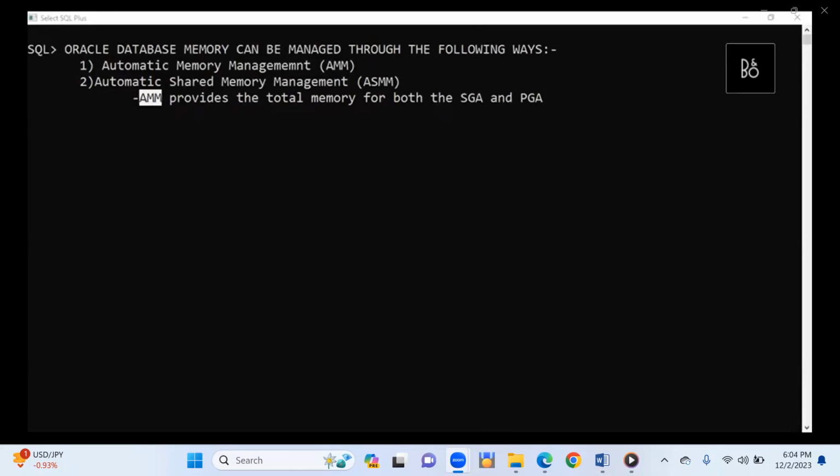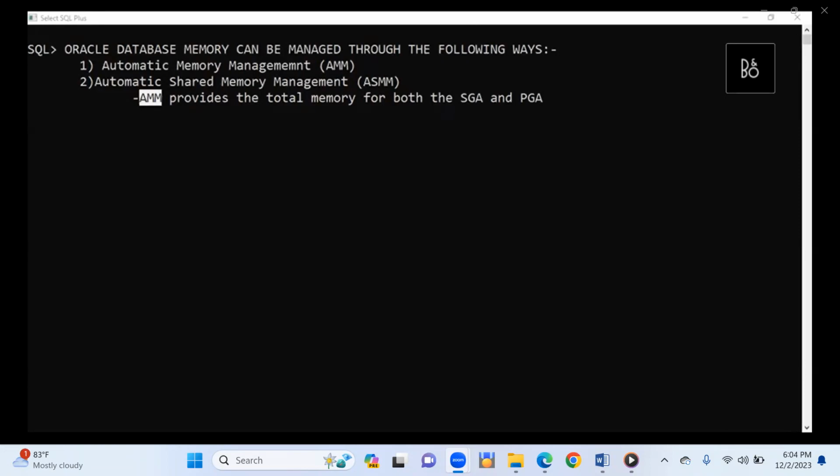So for AMM, it enables specification of total memory provided for both the SGA and PGA. The SGA components will be allocated memory automatically depending on the workload.